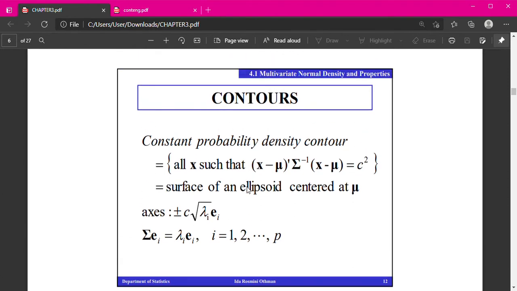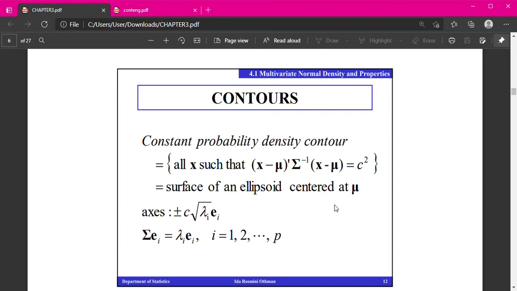Alright, so as you know, the square distance tu akan membentuk ellipsoid. Okay, which is this. C square here will be the surface of the ellipsoid centered at mu.